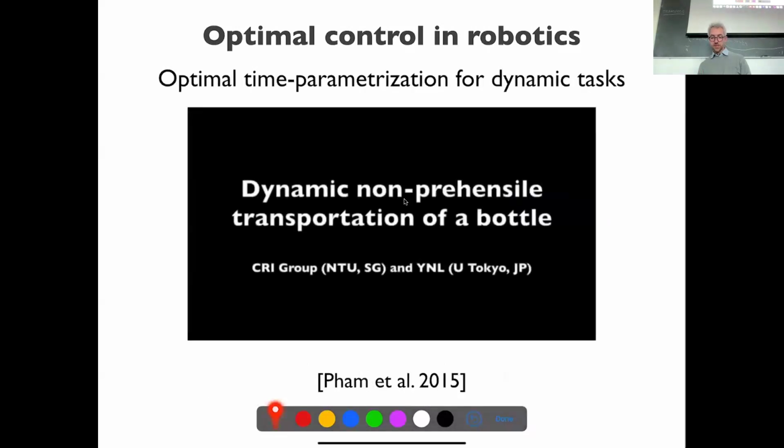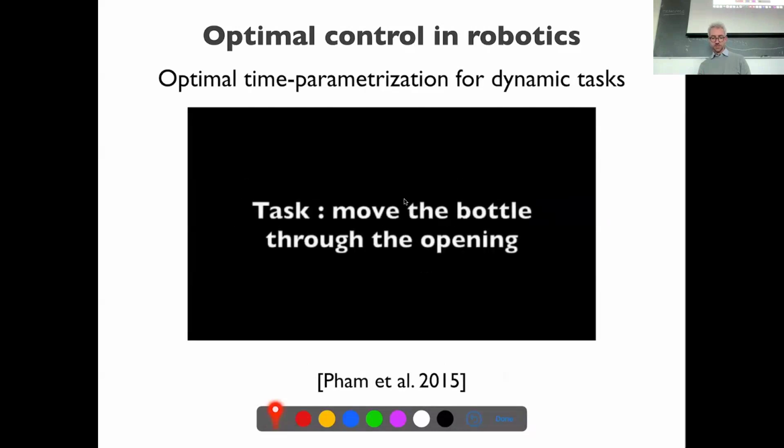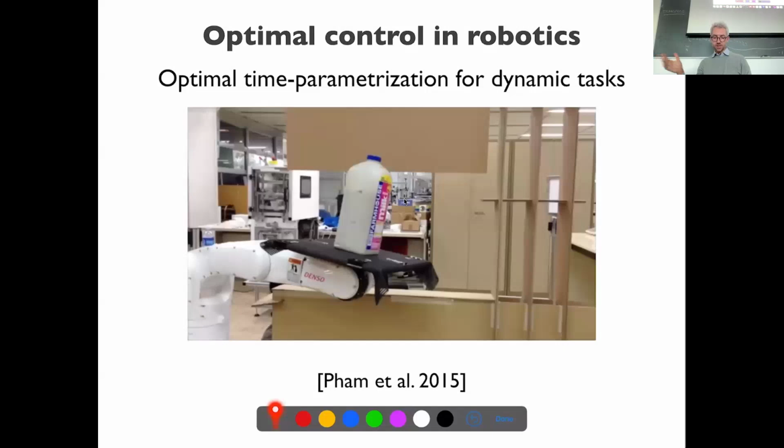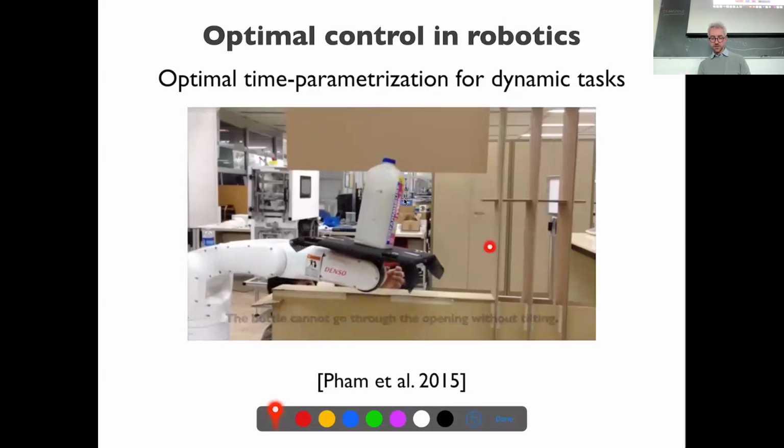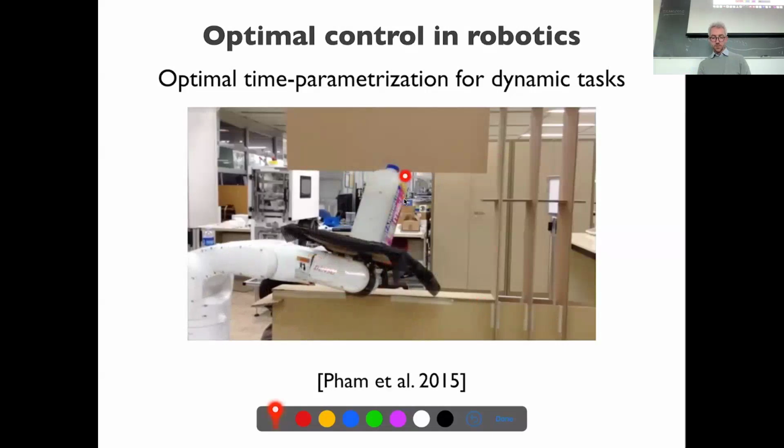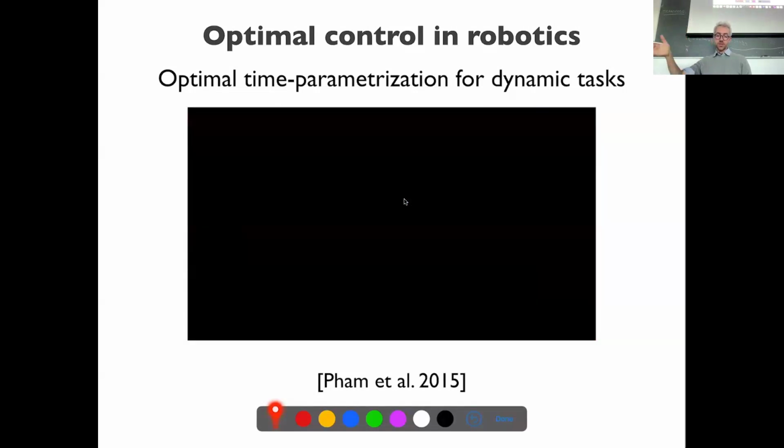Here is an application with a robot manipulator, if I remember correctly. The robot has to move this bottle through this opening, but the problem is that the opening is too small, so it cannot pass maintaining the bottle straight, so it has to tilt it.